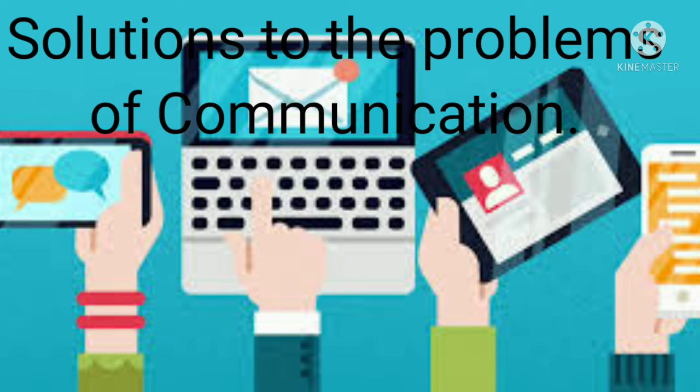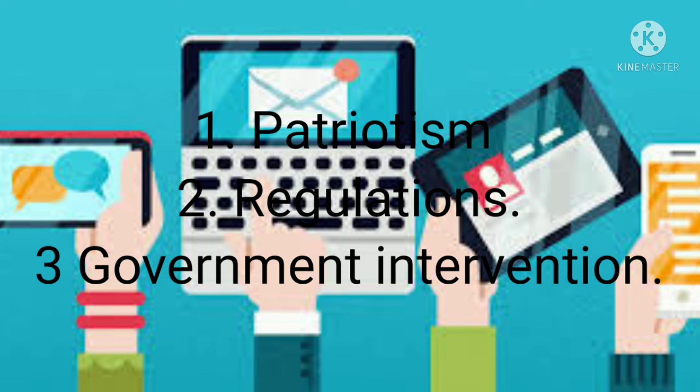What about the solutions to these problems that have been discussed? The government should make laws against poor service delivery. It should ensure that they make laws. Then as well, people must be patriotic and should not engage in fraudulent activities on the phone or on the internet.